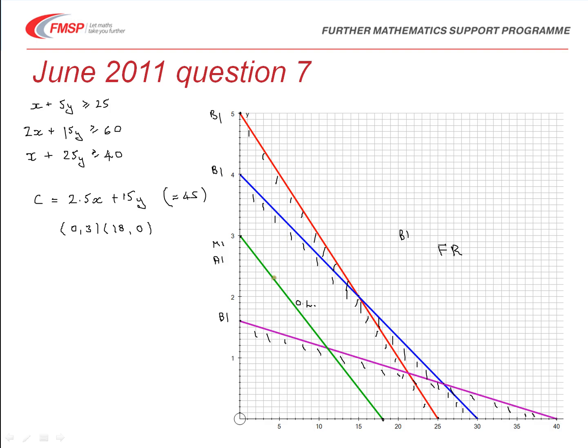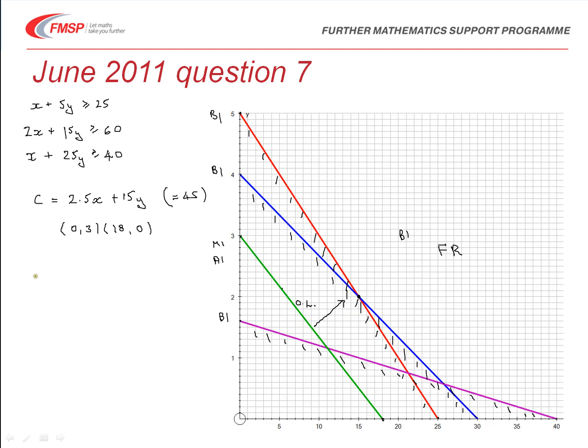And to find out which one has the minimum cost, we take this line and we move it parallel and up the screen until it hits the first corner. And the first corner it will hit as we move it up this way will be this point here, and that's at the point 15, 2.